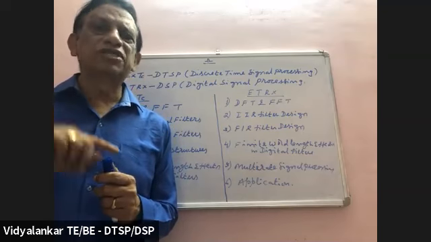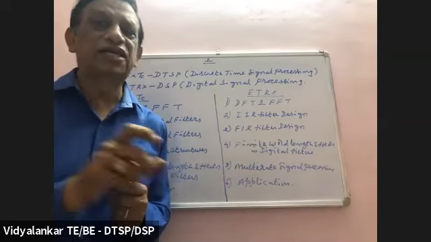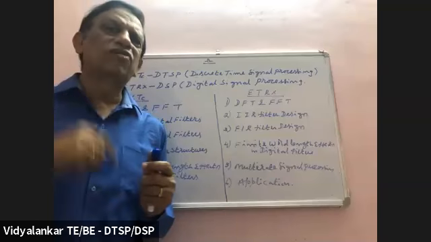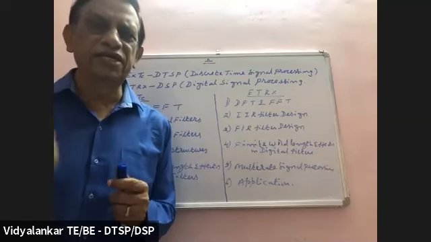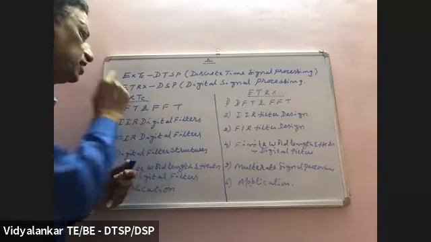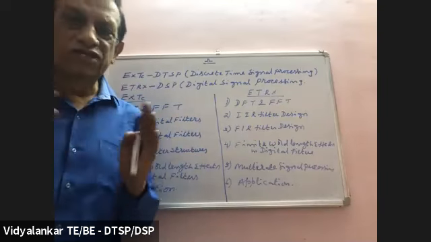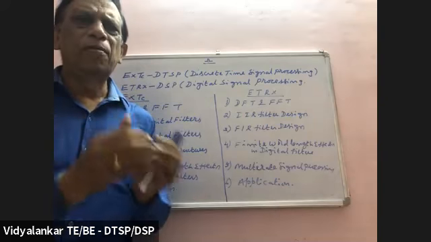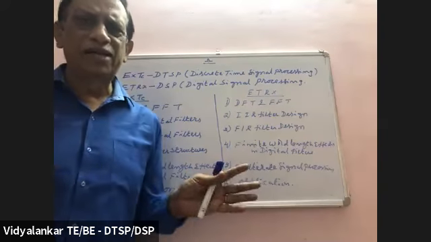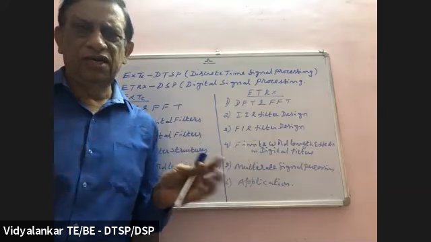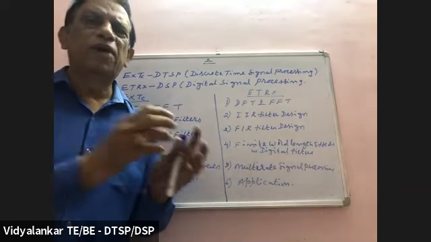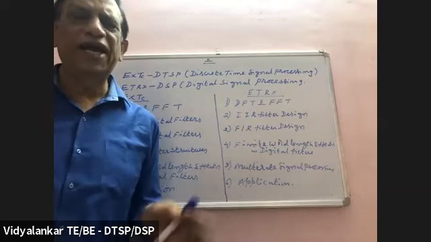But in signal processing applications, we want a discrete spectrum. So how to convert that continuous spectrum into a discrete spectrum is nothing but this DFT, discrete Fourier transform. It is nothing but multiplications and additions. How will we calculate that discrete spectrum? By using multiplications and additions.